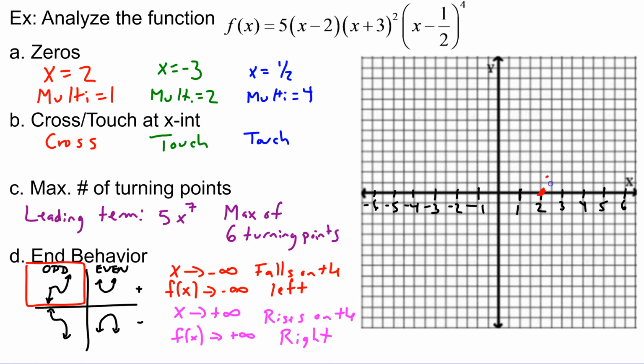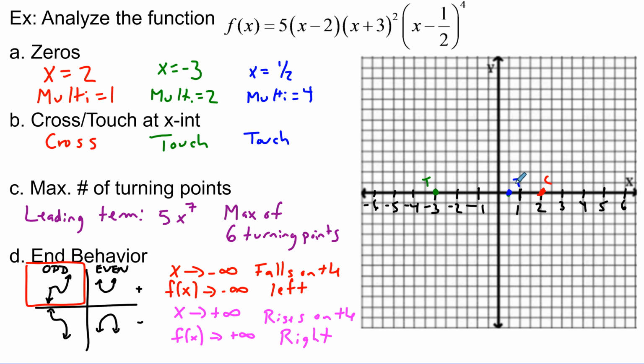So I'm going to put a little c here to remind myself that's a cross type behavior. At -3, I have an x-intercept as well, with a touch or tangent type behavior. And at positive 1/2, we have an x-intercept also with the touch or tangent behavior.